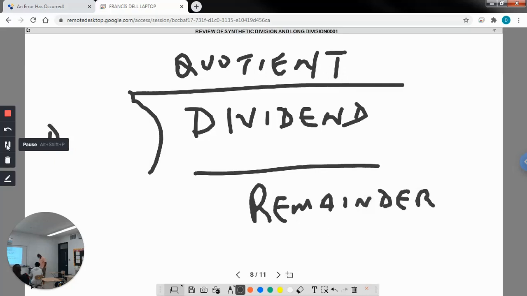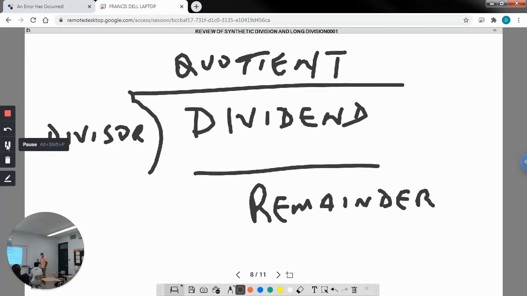And over here would be your divisor. Right? Your quotient will be to the top, your dividend will be in the middle there, your divisor, and your remainder. Okay? Alright? It's good for you to find out what those words mean too. Alright? So it's good to know what those words actually mean.